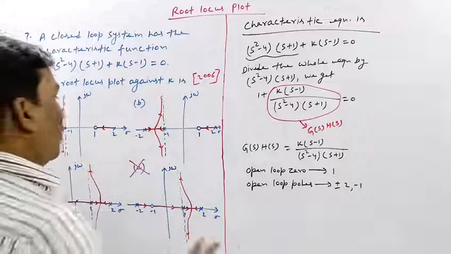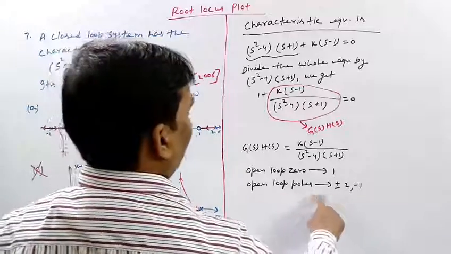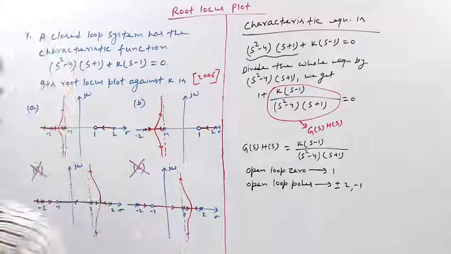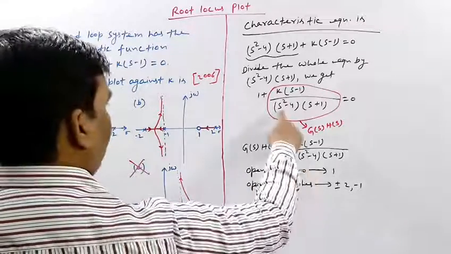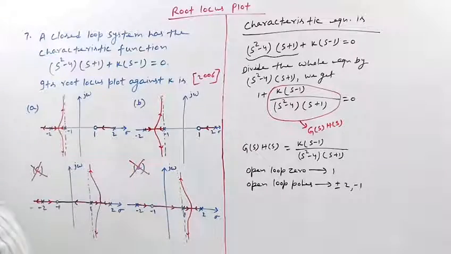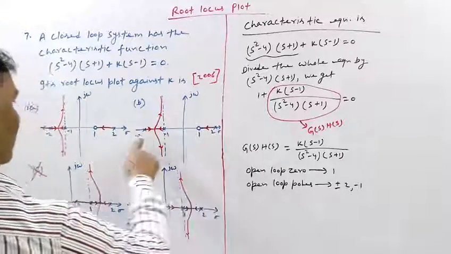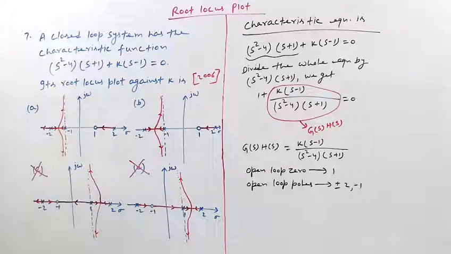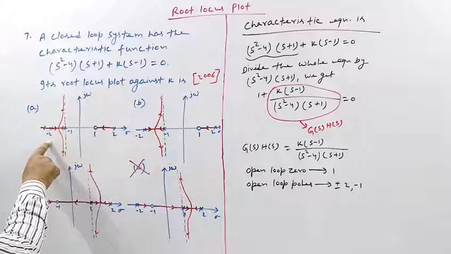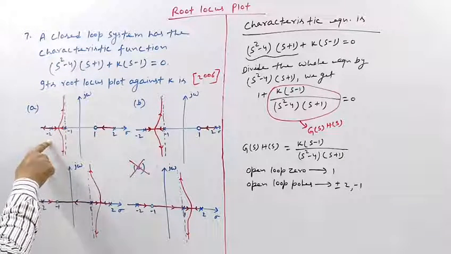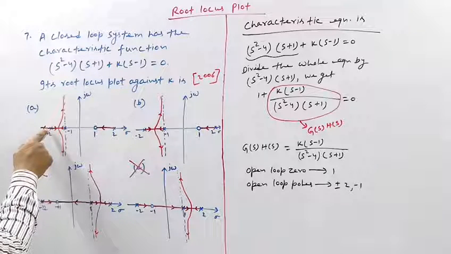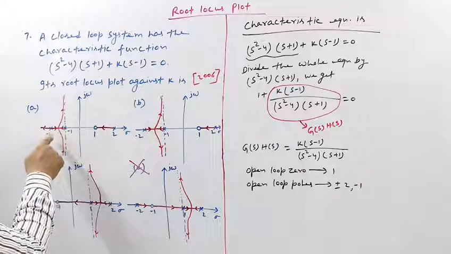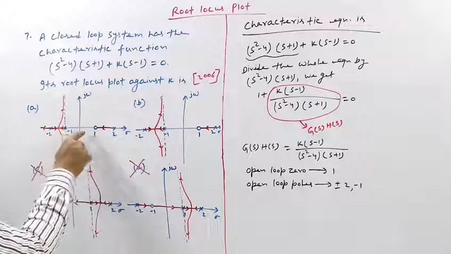Again, the open loop poles are at plus minus 2 and minus 1. Here also plus minus 2 and minus 1. And in this case, the root locus is also existing left to minus 2, and here we can see there are 1, 2, 3 and 4.